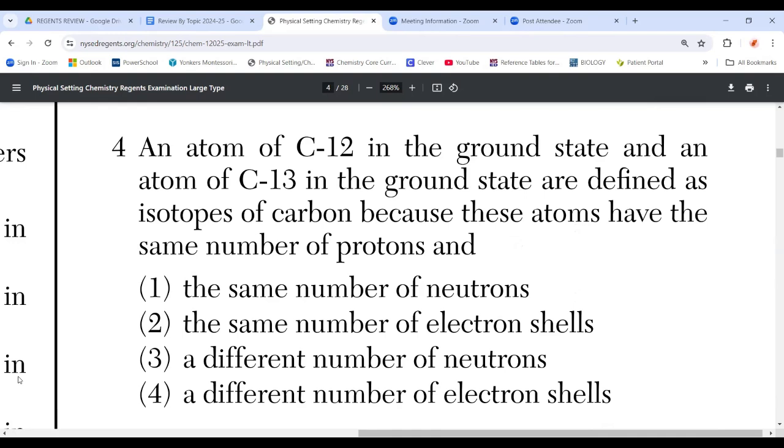Isotopes are different versions of atoms that can be stable, can be unstable, but generally speaking, they have different masses because they have different numbers of neutrons. So it's important when you're looking at this, we went over this one in class also, that you review isotope notation because you need to know what this means, C12 and C13.